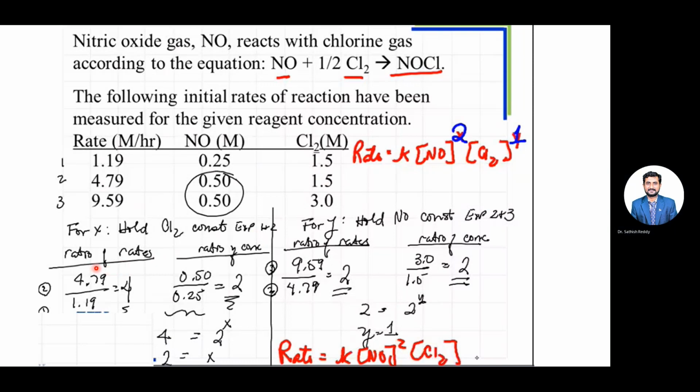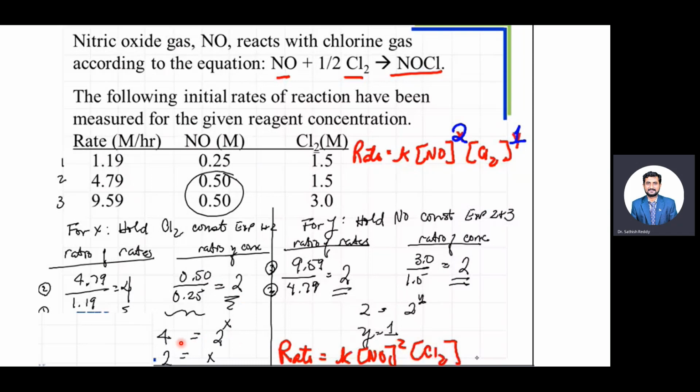If you take the ratio of rates, rate 2 by rate 1, 4.79 divided by 1.19 is equal to 4. The ratio of rates is equal to the ratio of concentrations. What is the ratio of the concentration of NO? That is 1.5 to 1.2, which is 2.